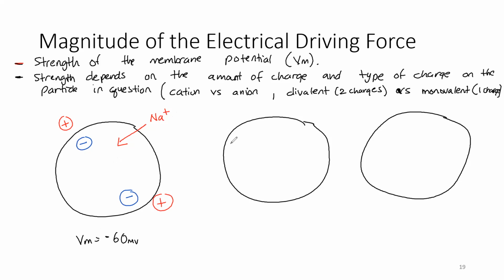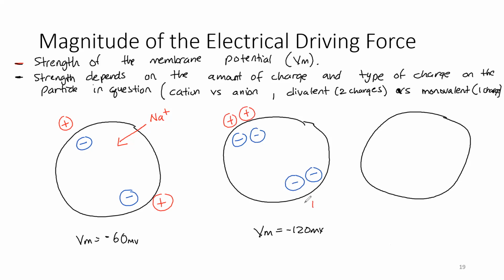Okay, let's look at another scenario. The membrane potential here is negative 120 millivolts. Sodium really wants to get into the cell. That means there's a stronger negative charge inside the cell, and a stronger positive charge outside the cell.